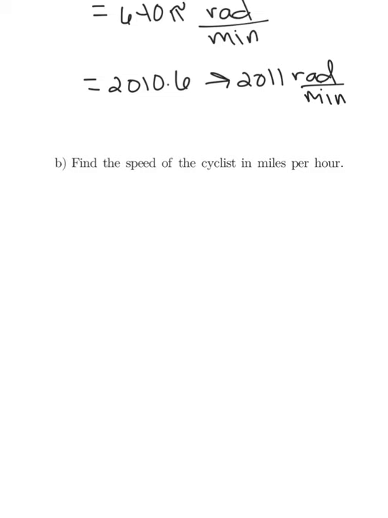Question B asks us to find the speed of the cyclist in miles per hour. First thing you need to recognize is that as soon as you see speed, that means v. We want our label to be miles per hour. And if you think about the information that we know, the radius of our wheels is 15 inches.